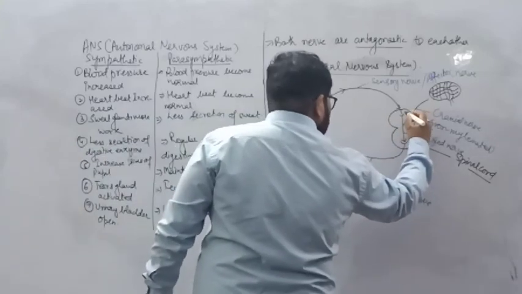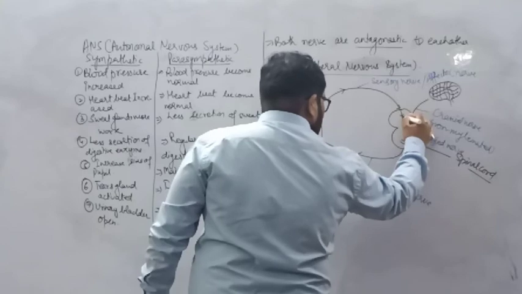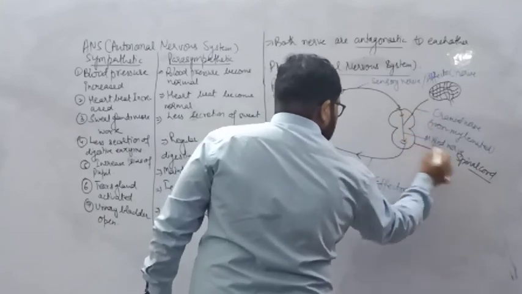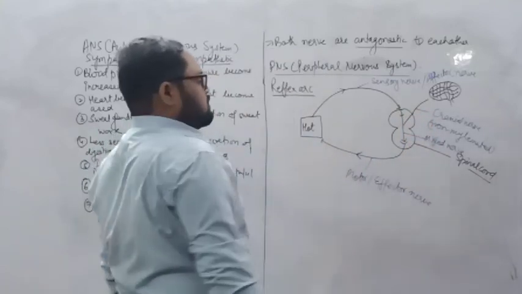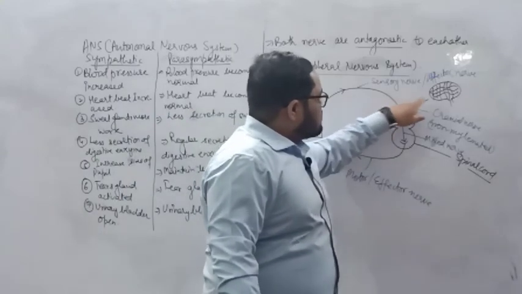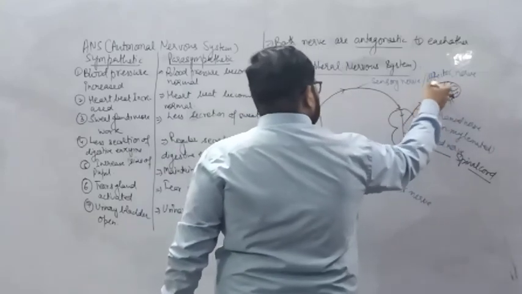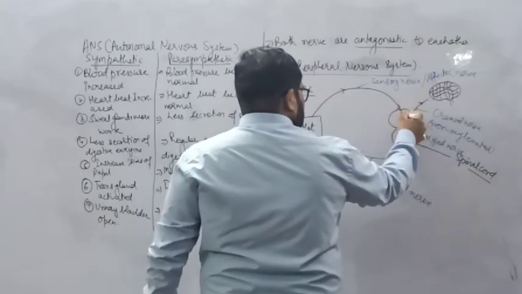Okay, later that nerve is combined to a common nerve that is called mixed nerve. Why is it called mixed nerve? Because from here the information will come, after that the information will go to the brain through the cranial nerve, and the brain will give the information and the information will mix here.